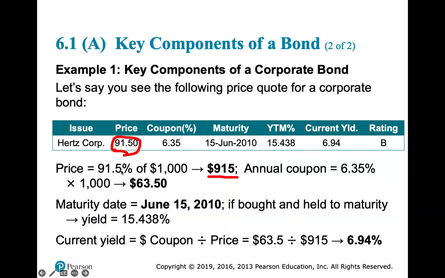The annual coupon rate is 6.35% of face value, or par value, which is $63.50. That means the potential bondholder is entitled to receive $63.50 every period. This is what we have discussed so far, and we used Excel to calculate it, and we were able to do it.